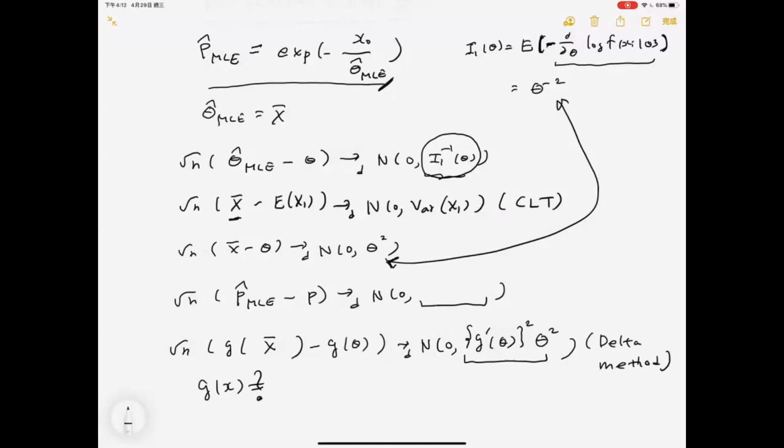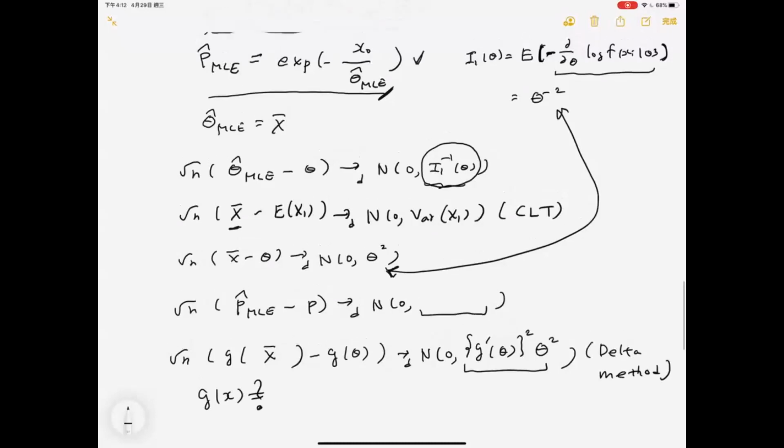Look at this right here. How do you get theta and P connected? The g function is nothing but exponential of minus x times x naught right here, right? You see this guy right here bring your theta to P.